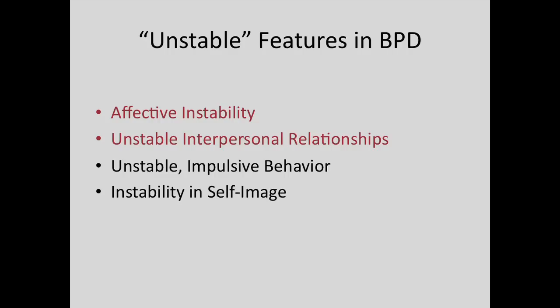We talk about splitting, seeing somebody as an idealized partner and then a devalued partner, and you see this across relationships as well. I'm not going to talk much about it, but you'll also have unstable impulsive behavior and instability in self-image. So we're going to focus on the first two, given the theme of the talks here.